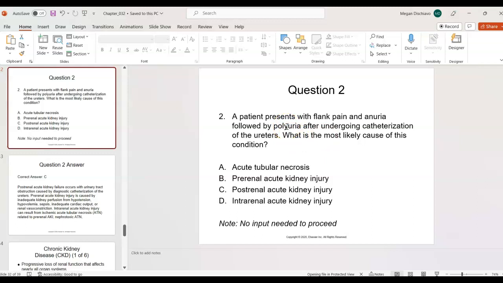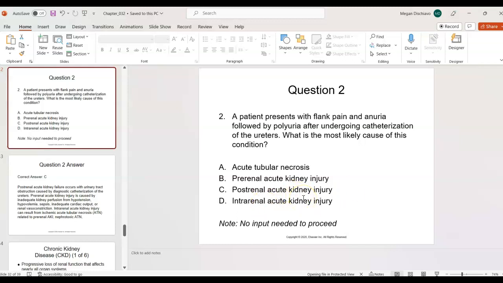And probably what do you think causes that? Okay. I'm not even a nurse. And I was like, well, it's got to be bladder, right? Somewhere. If you're catheterizing and immediately going. So once again, a patient presents with flank pain, anuria, followed by polyuria after undergoing catheterization of the ureters, the most likely cause. Okay. So going through, I would not think pre-renal injury because I'm thinking bladder, right?